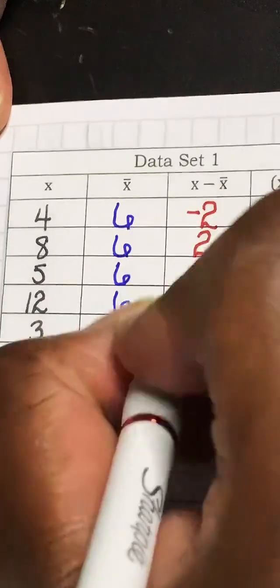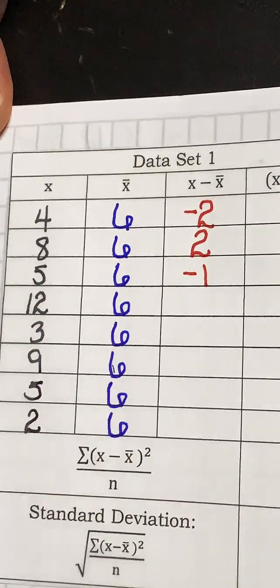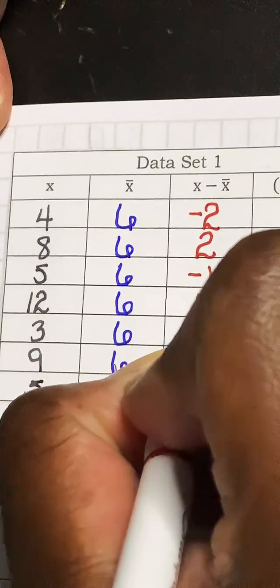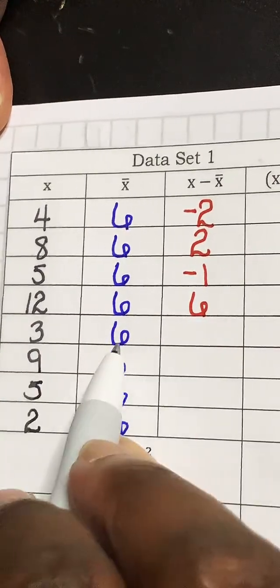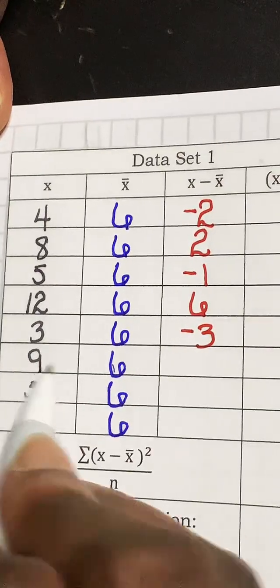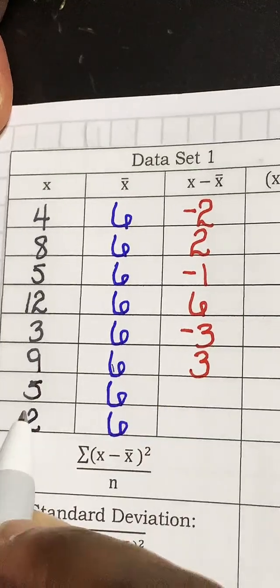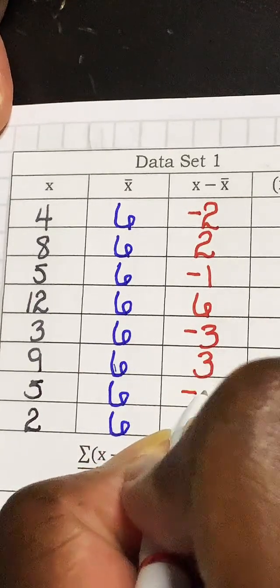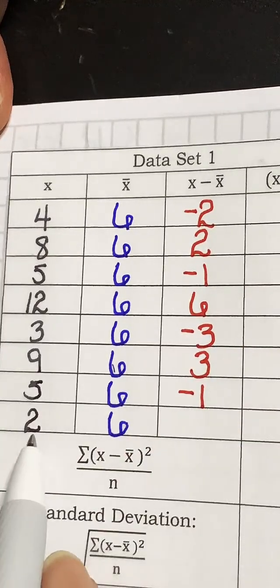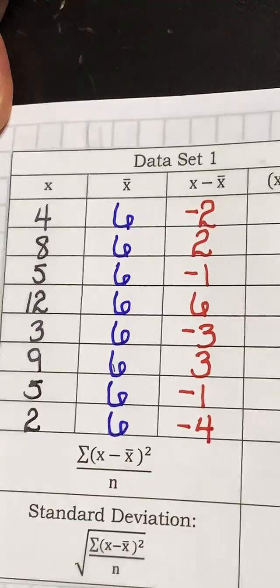5 minus 6 gives me a negative 1. 12 minus 6, that gives me a 6. 3 minus 6, that gives me a negative 3. 9 minus 6, that gives me a positive 3. 5 minus 6, that gives me a negative 1. And 2 minus 6, that gives me a negative 4.